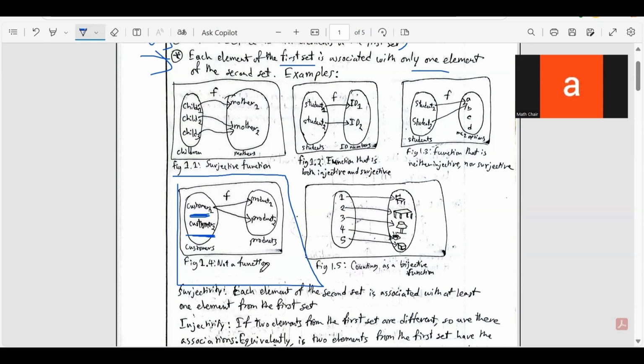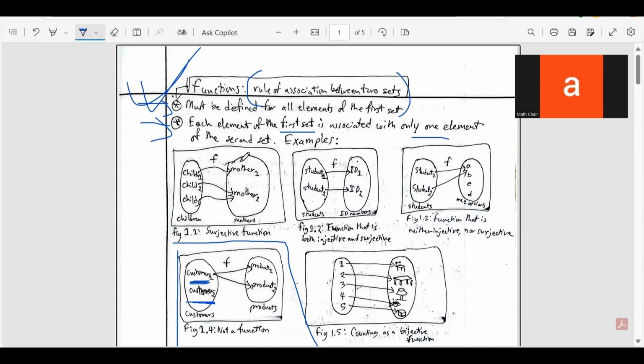So what's the problem here? The problem is that it's not defined for all elements. The second customer doesn't buy anything. But this rule of association that we shall call a function requires each element of the first set to be related to someone, something, anything, at least one thing in the second set. That's the first condition.